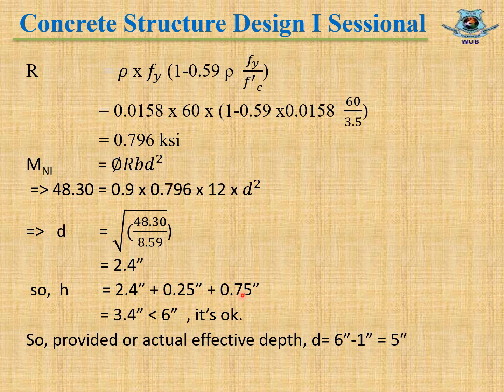And 0.75 inch equal to 3/4 inch clear cover. So h is equal to 3.4 inch, as h is less than slab thickness, so it is okay. So provided or actual effective depth d equal to 6 inch minus 1 inch equal to 5 inch. Here 1 inch is the sum of 0.25 inch and 0.75 inch.